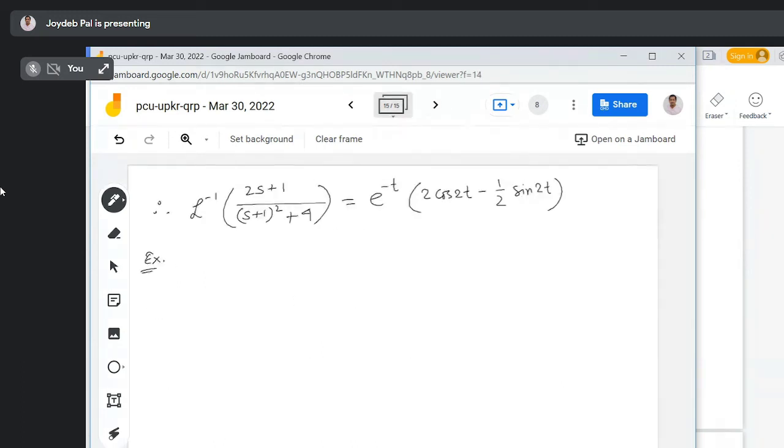I am showing some smaller version of this problem first. So you tell me Laplace inverse of 1 by s minus 1 whole cube. Or every time I am taking 1, say it is 5.